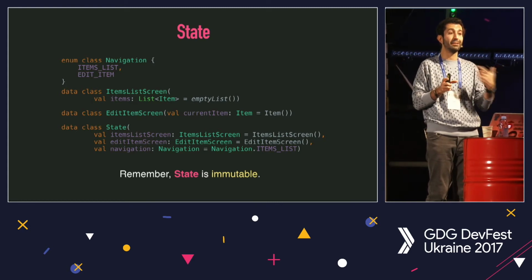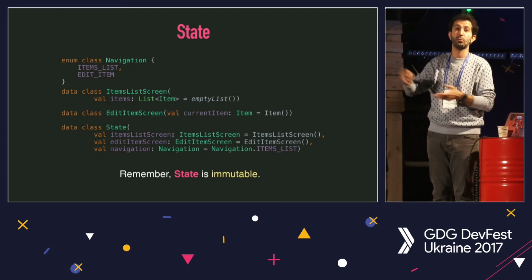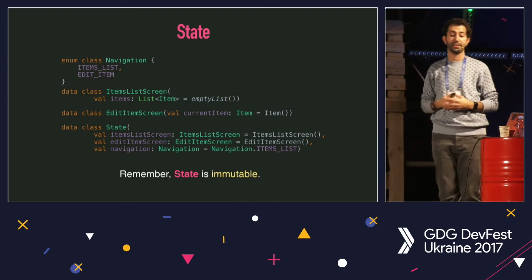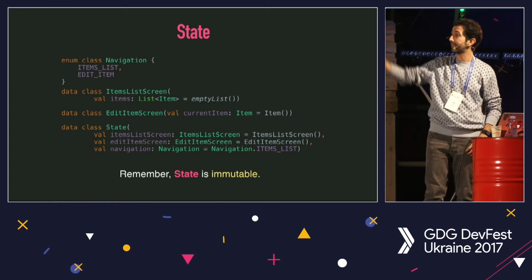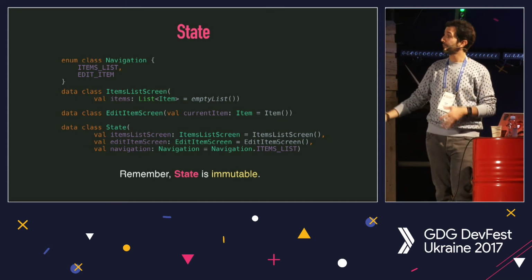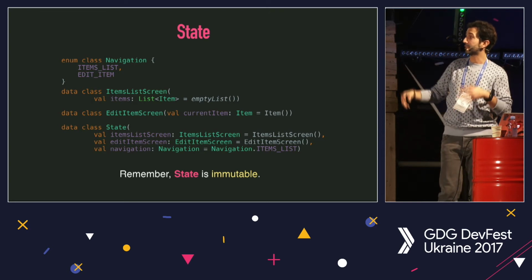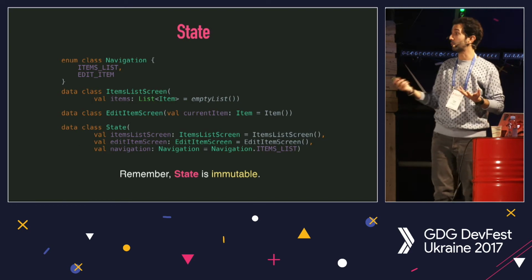So when we are in activity A, then for instance, we are in this item list. We are in activity B when we go to edit an item, when we are in edit item. All these sub-states, no? Item list screen, edit item screen, they are also data classes. They are immutable classes, okay? So we cannot change that. And then at the end, we have our state. Our state is composed of these sub-states, and is also an immutable class.